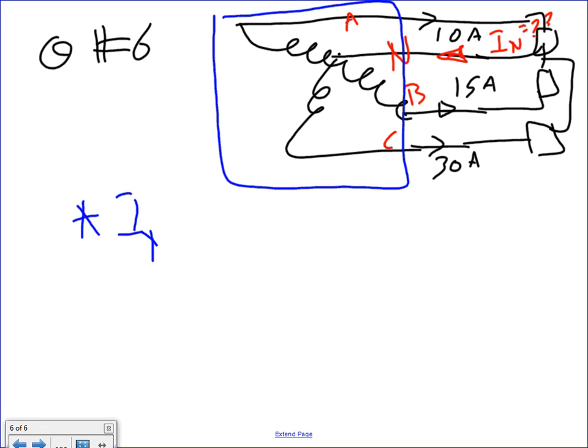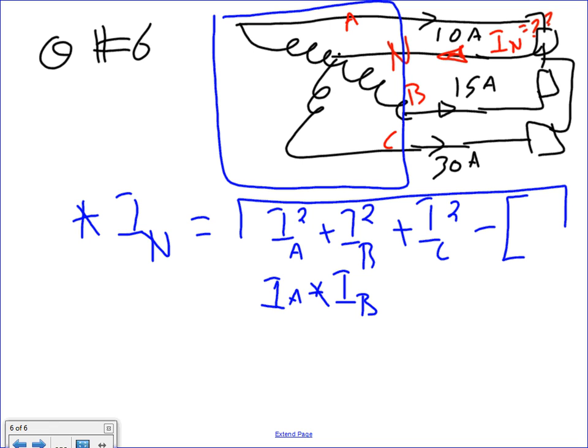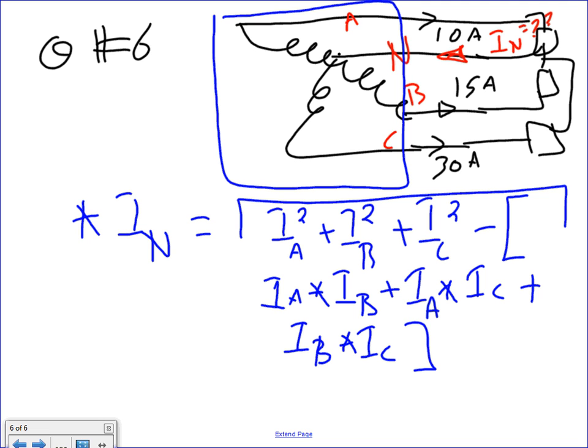I neutral equals, you guys remember that big formula? I A squared plus I B squared plus I C squared minus, make sure you put your brackets, I A times I B plus I A times I C plus, which one didn't we multiply, I B times I C. Close the brackets.